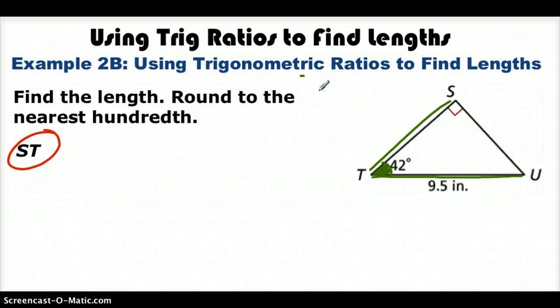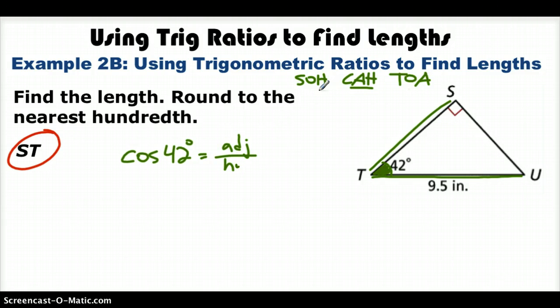Again, I'll look at SOH CAH TOA. I can see that if I have the hypotenuse and the adjacent side, we're going to be using cosine. So the cosine of 42 degrees is equal to adjacent over hypotenuse.